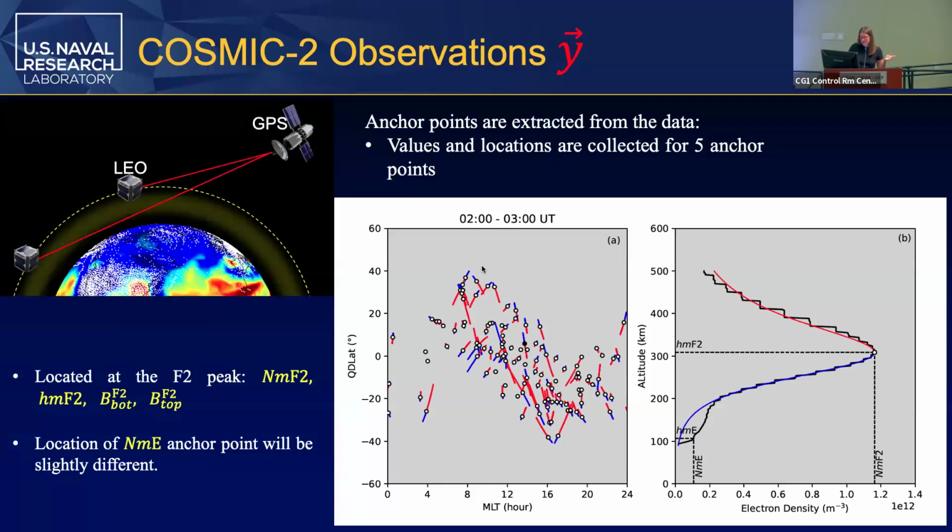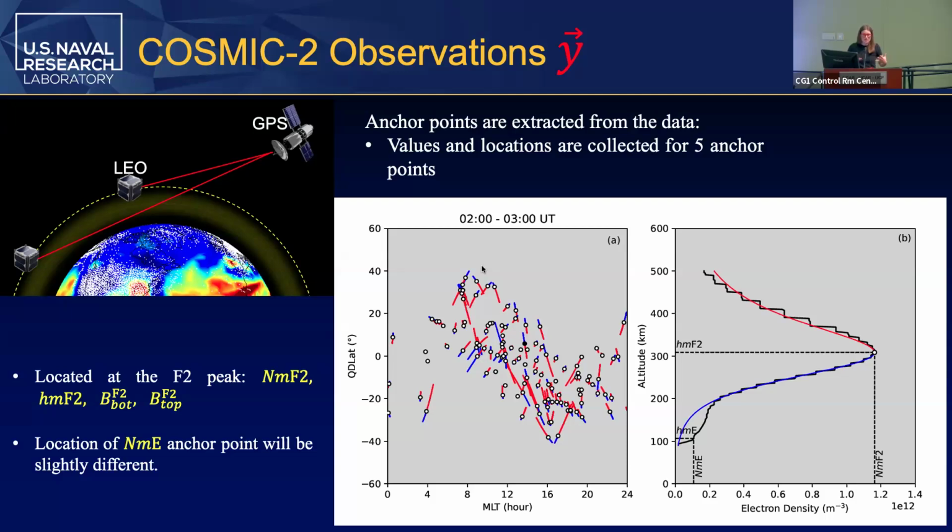We currently can ingest 3 data types: COSMIC-2 data, or any commercial satellite data, so any radio occultation TEC files, plus ground-based GPS data and ionosonde data. So for the COSMIC-2, what we do is that we don't ingest those raw TEC measurements.